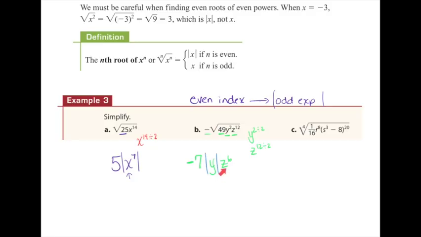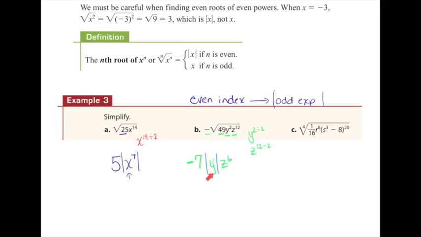I don't have to use absolute value for the z. Why not? Because it's an even number. It's to the 6th power. If I take any number to the 6th power, it will be positive anyway. It's okay because it is a square root and it's positive. That's what I need it to be. But this guy could be negative. I can't let him be negative because I have a square root. You can't take a negative in a square root.